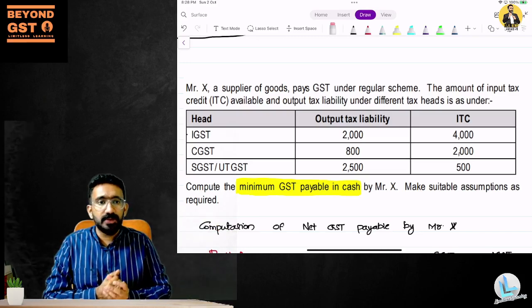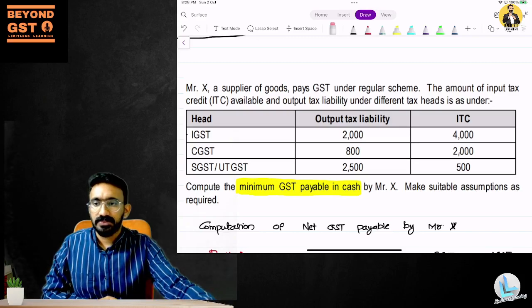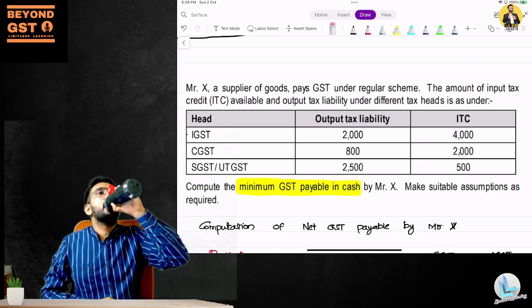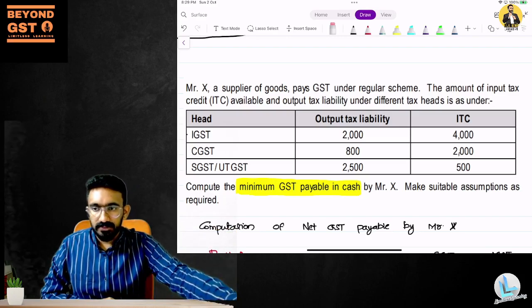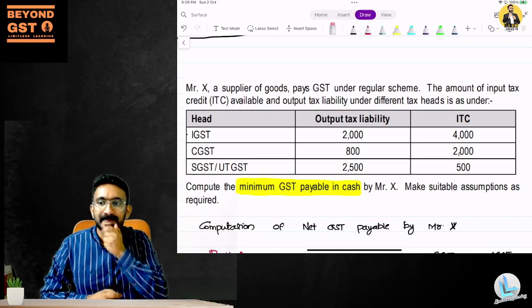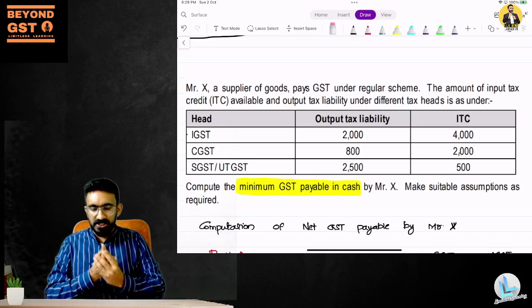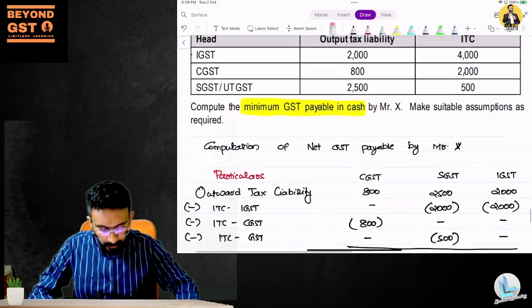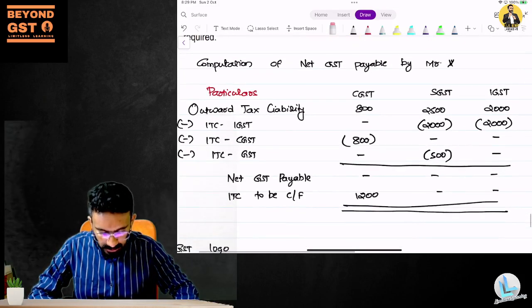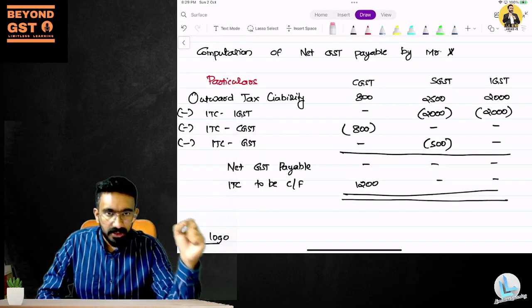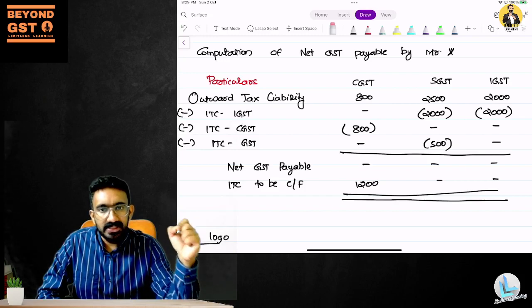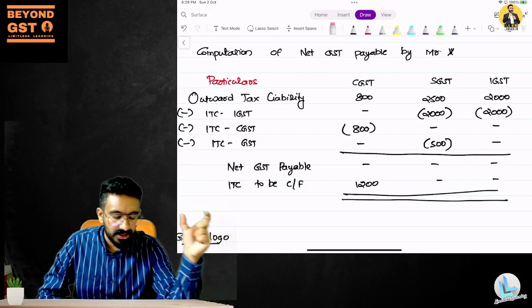Do you want to carry forward any ITC? Yes, you will carry forward CGST credit. Correct. So why do you do that? Because outward tax liability is 800, 2500, 2000. So first you do the ITC set off, IGST against IGST 2000.